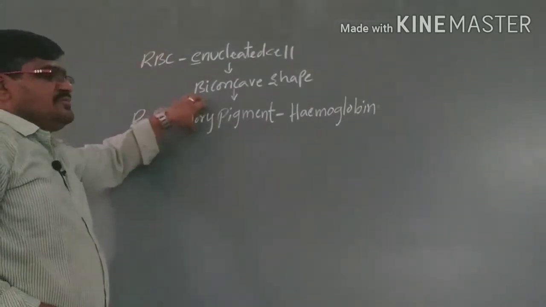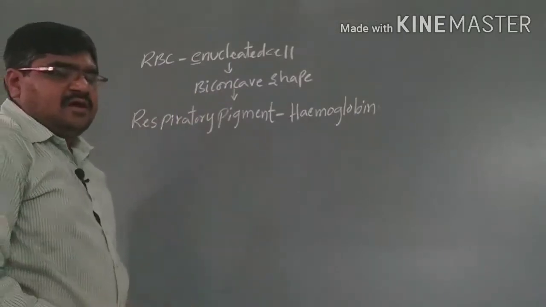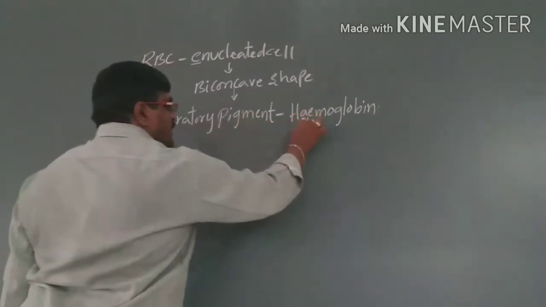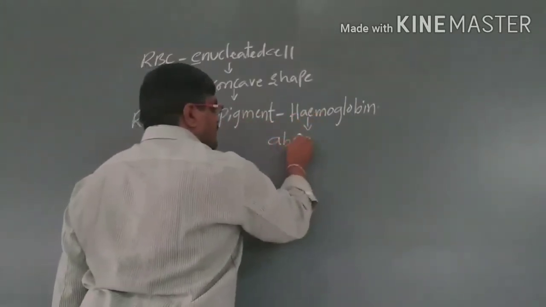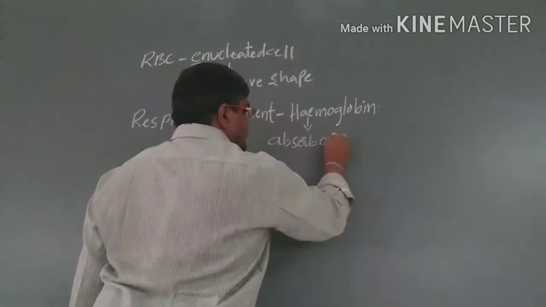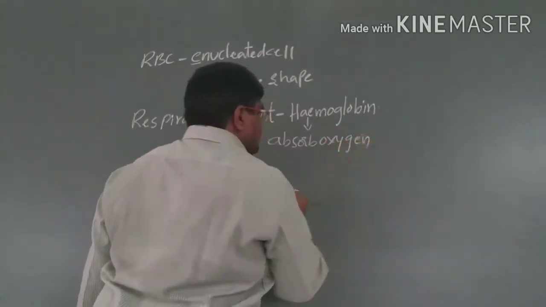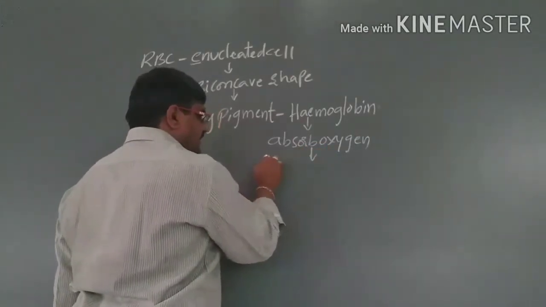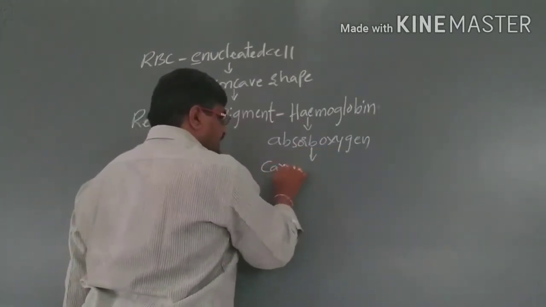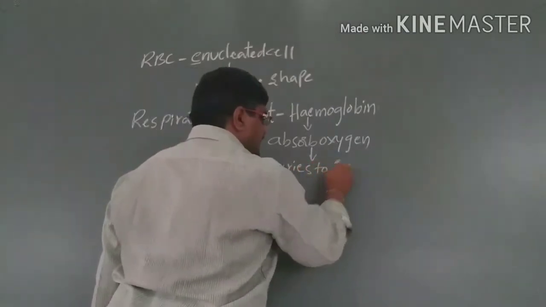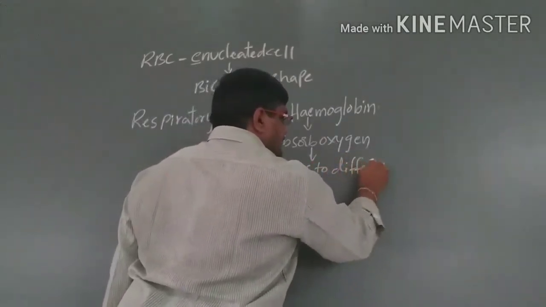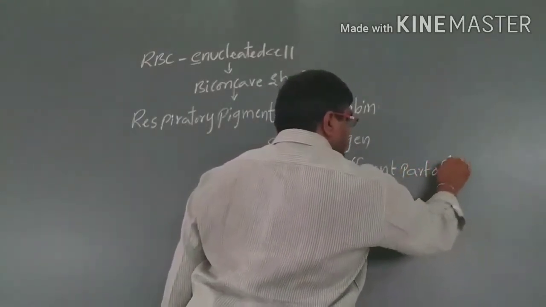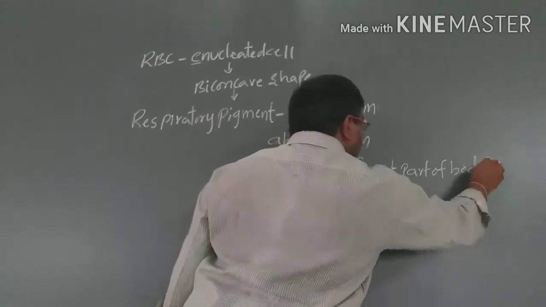The hemoglobin helps in the absorption of oxygen. It absorbs oxygen and carries it to different parts of the body.